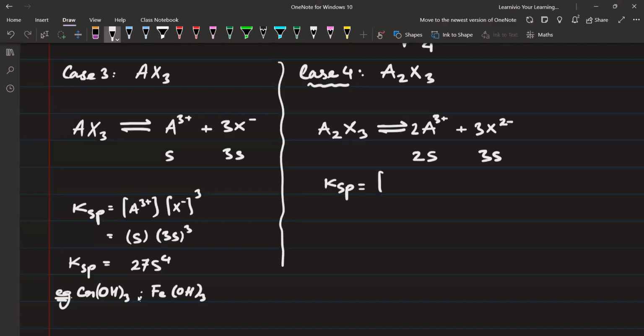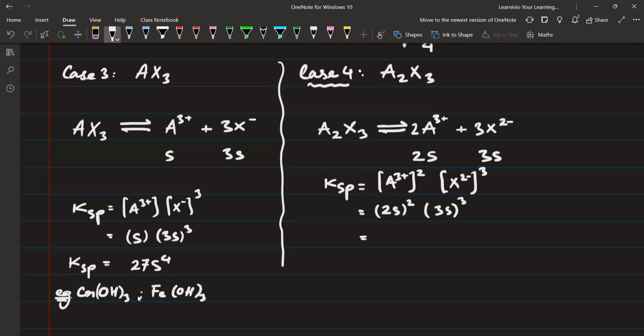So the KSP will be equal to the concentration of A3 positive squared into the concentration of X2 negative to the power cube. So this will be equal to 2S squared and 3S cube.